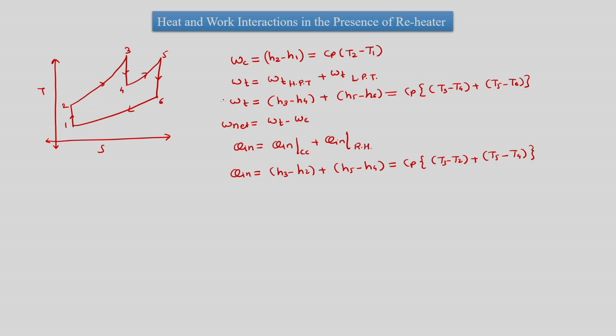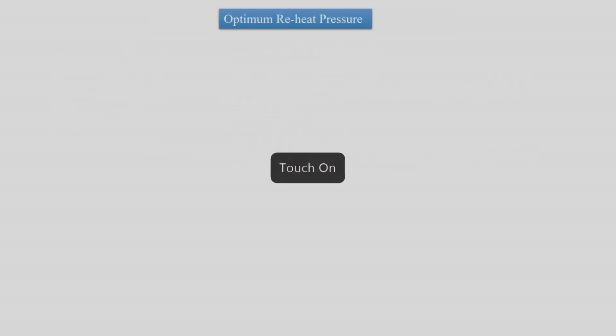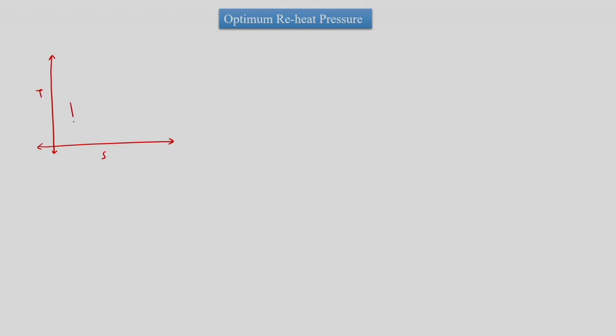So let us work out further for optimum reheat pressure. We mean here that we do reheating, and the process of reheating starts at the exit of the high pressure turbine, and then we end the process at point 4.